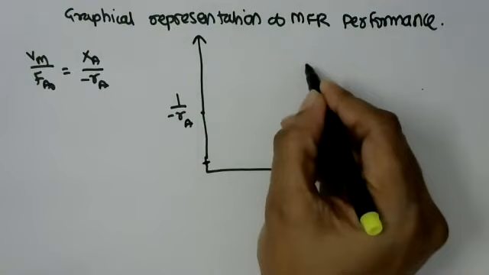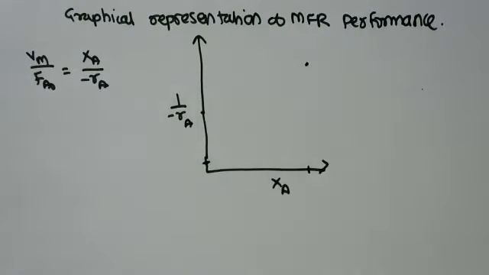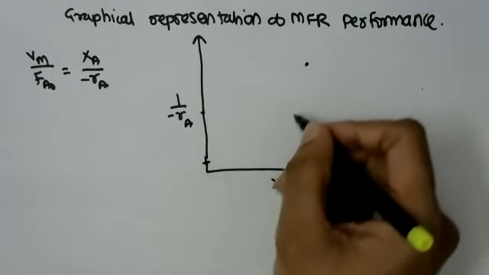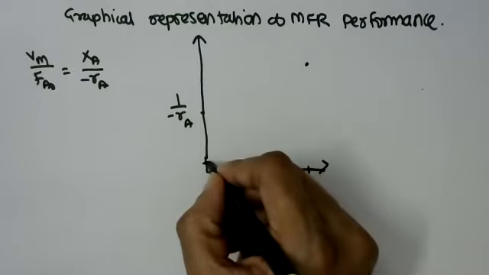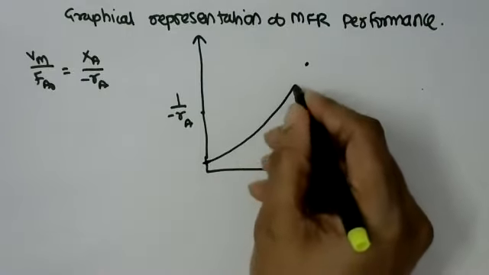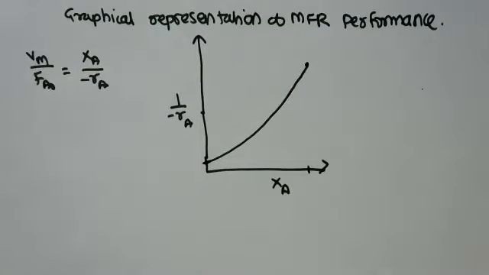So let us consider that it is represented by this point. And if you locate all these points and connect them with a smooth curve, then you will get a graph like this.